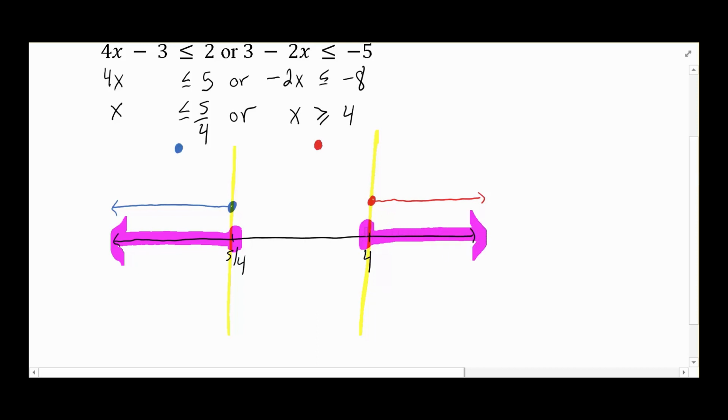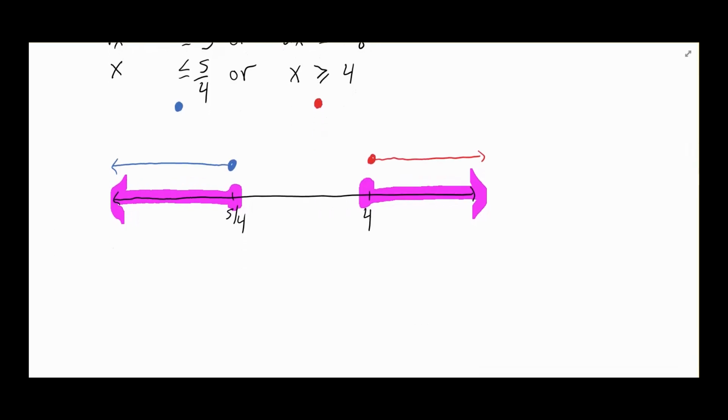That's all I care about, if it's yes or no. So now I have both the left and the right shaded. So I have one interval that goes from negative infinity to 5/4. I have a second interval that goes from 4 to infinity.